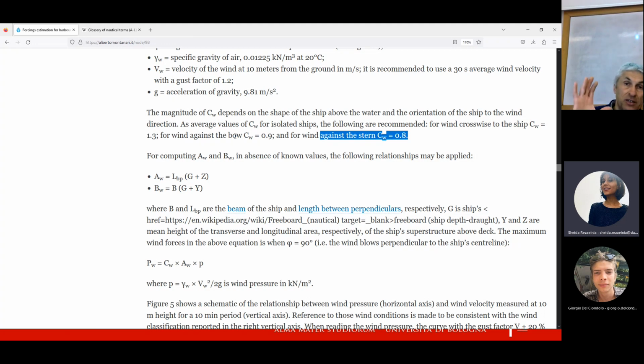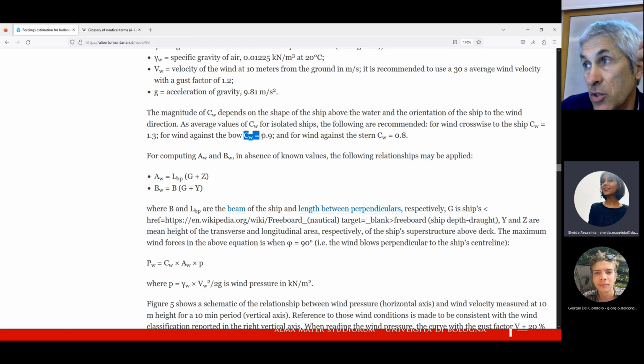In the transversal direction, there is instead more resistance, and this is why in one case you have to increase the forcing to introduce a safety factor, 1.3, and then when you are in the longitudinal direction, you don't have this need. And you understand why against the bow you have a higher CW coefficient with respect to against the stern, because the stern is the part of the ship that goes forward into the ocean. There is the minimum resistance there. Okay, this is for wind forces.